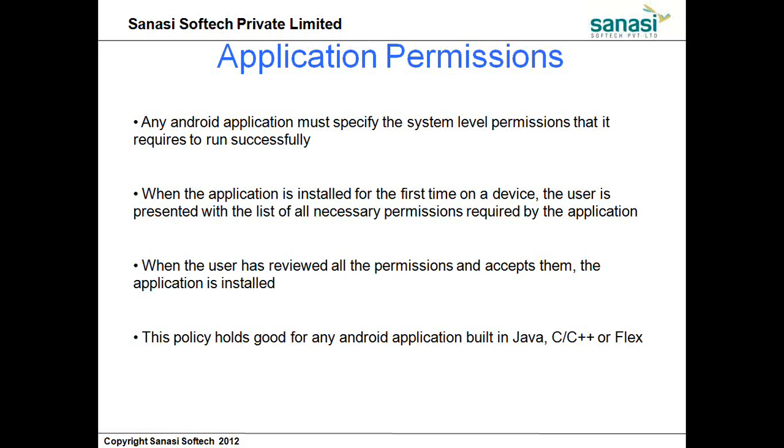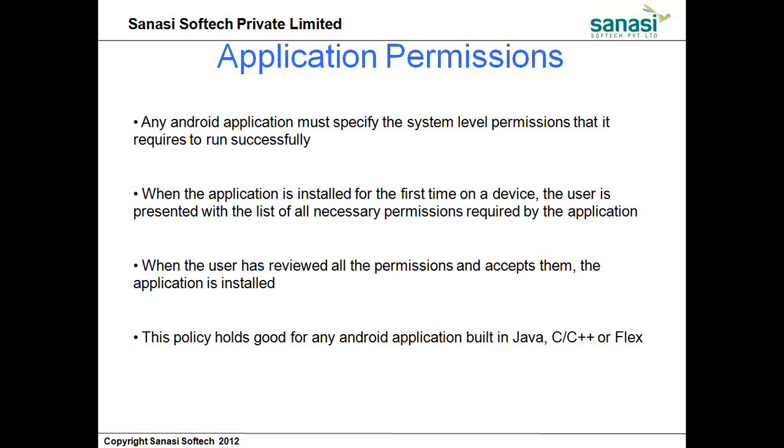As the first point in the slide says, any Android application must specify the system level permissions that it requires to run successfully. Typical system level permissions, for example: let's say you have an application that wants to access the camera. Your application will have to obtain permission to use the camera. Or let's say you have an application that depends on the GPS, so you have to get the permission for that.